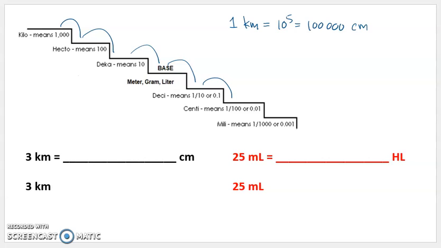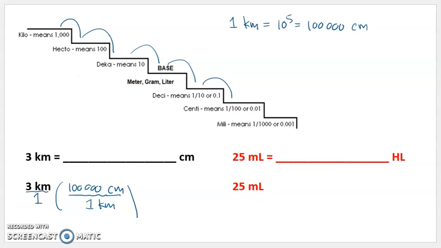So let's set up that conversion. Again, multiply 3 kilometers, what you want to convert, and we'll make it a fraction, by the conversion factor, which is going to be 1 again. Now we have a kilometer on the top, which means we want a kilometer on the bottom to cancel. So 1 kilometer is equal to 100,000 centimeters.